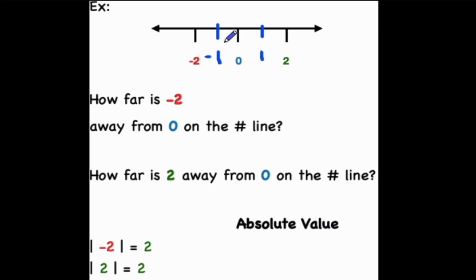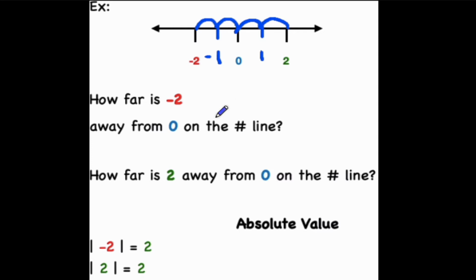So if I were to ask you, how far is -2 away from zero on the number line, what would you say? If you move your point from -2 to zero, it's 2 units away, correct? Now, what if I asked you how far is 2 away from zero on the number line? If you start at 2 and you move to zero, that's 2 units away.